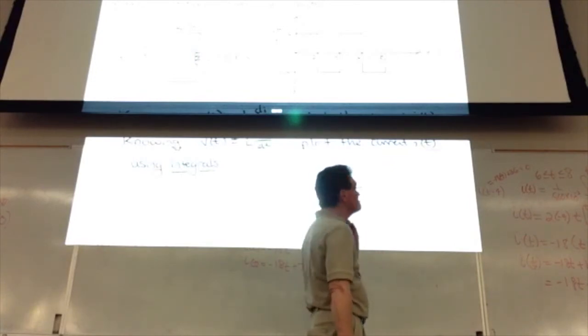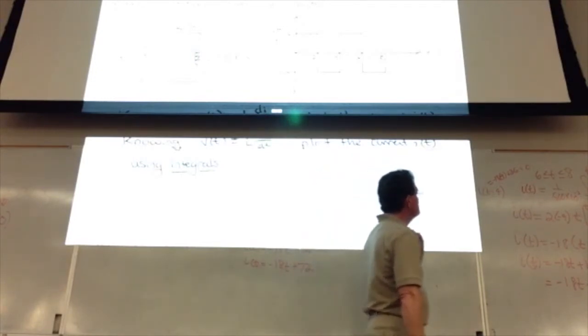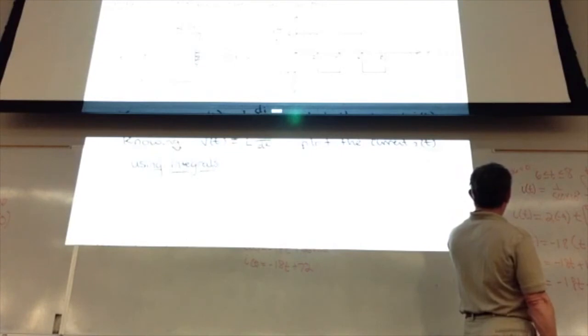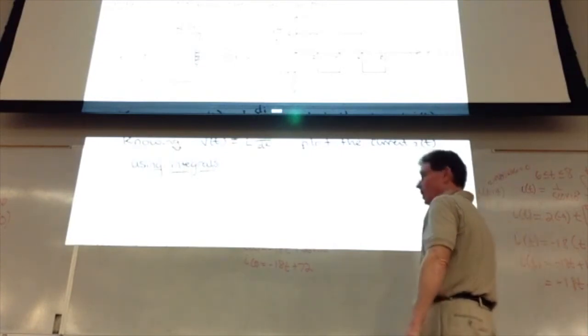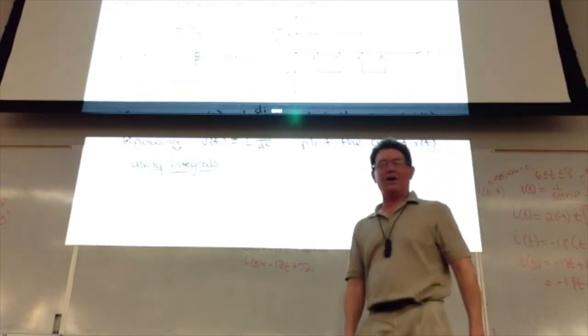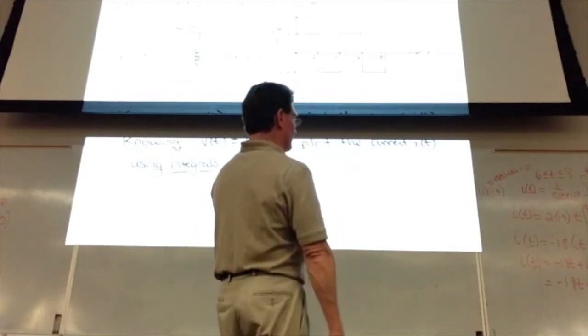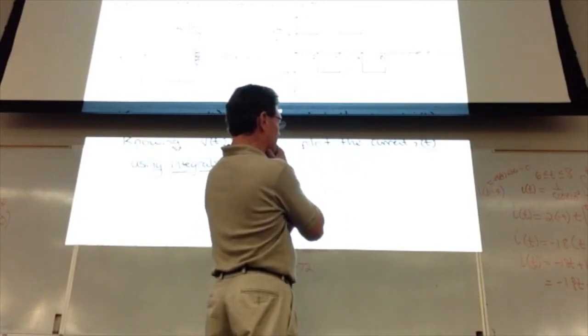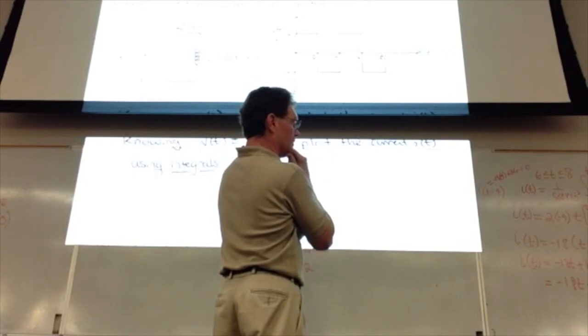You did negative 18 times 4 plus 36, and that's equal to negative 30. Oh, you are correct, oh great one. Let's see what we got here. Where'd that come from? I at t equals 4.